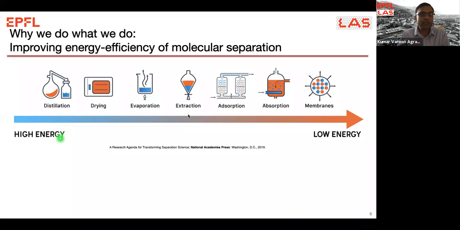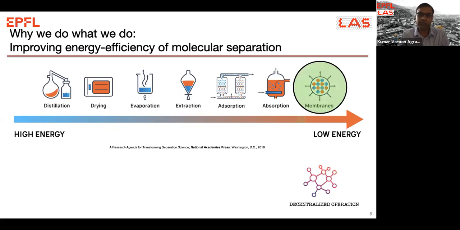But whenever there is a lot of phase change involved, or close boiling liquids, membranes are a good solution compared to distillation. Similar for the gases, especially if the separation has to be done by cryogenic distillation or absorption, membranes can bring benefits.